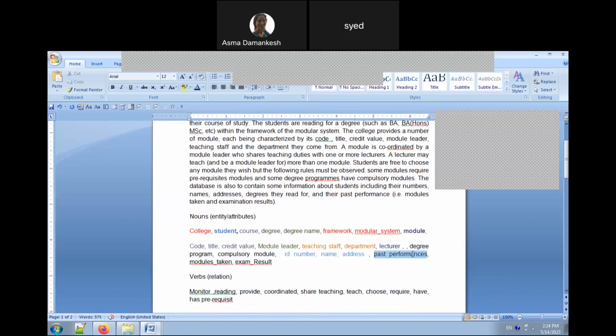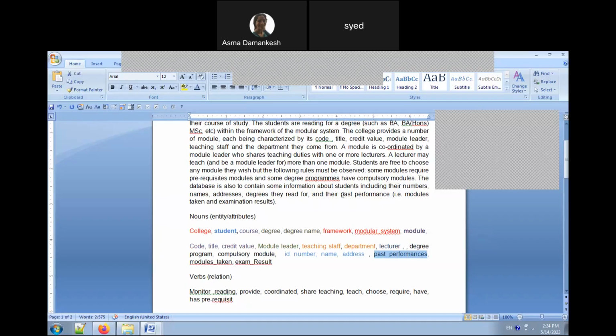Then past performance, what is that? Is that an attribute or an entity? This one is pretty straightforward now. Attribute?